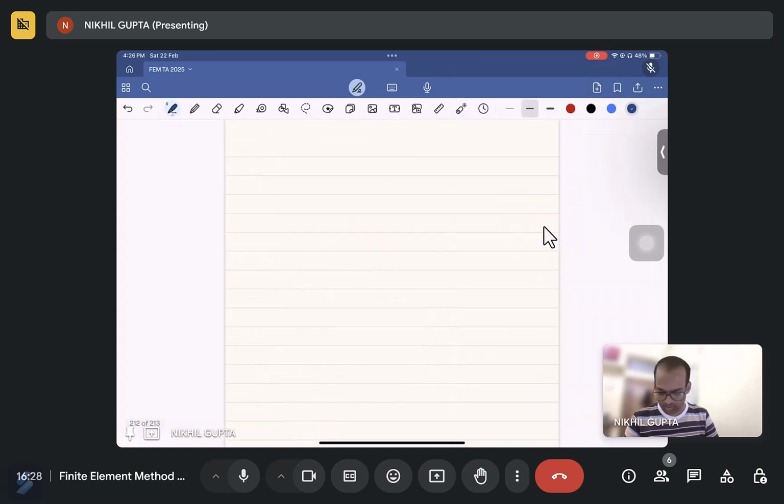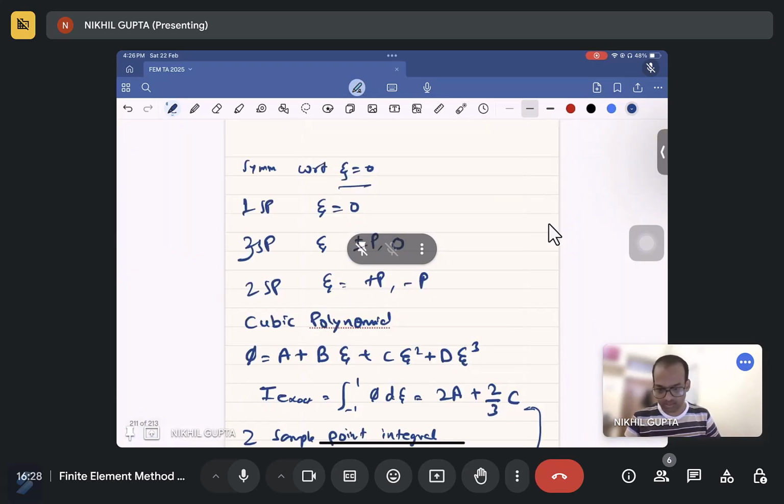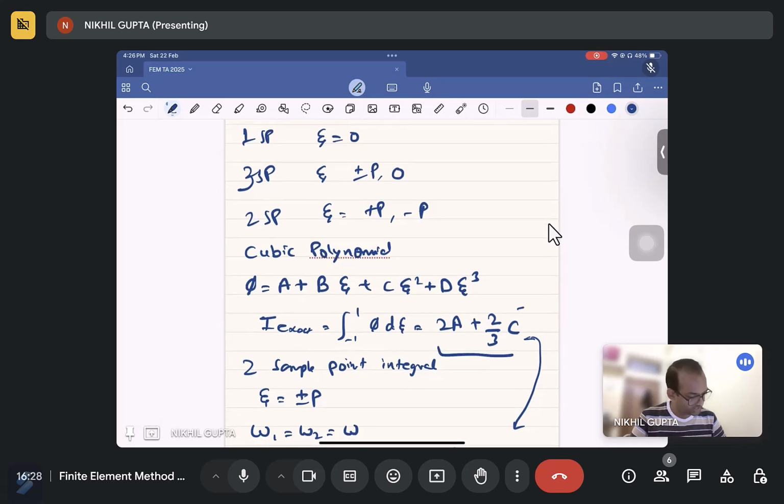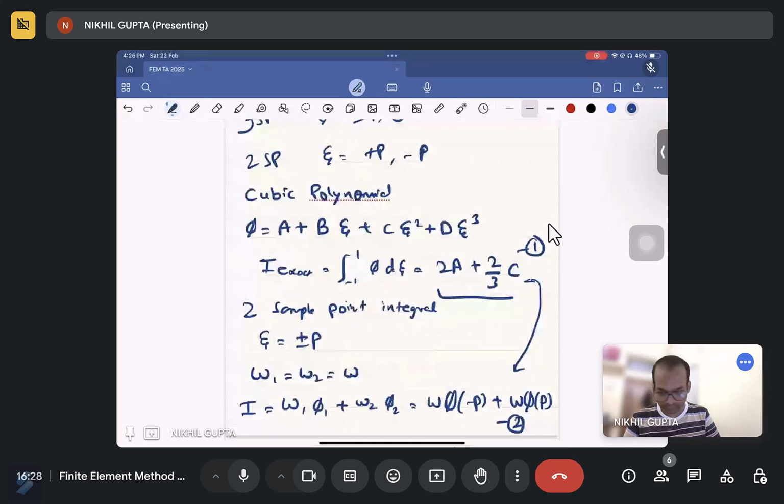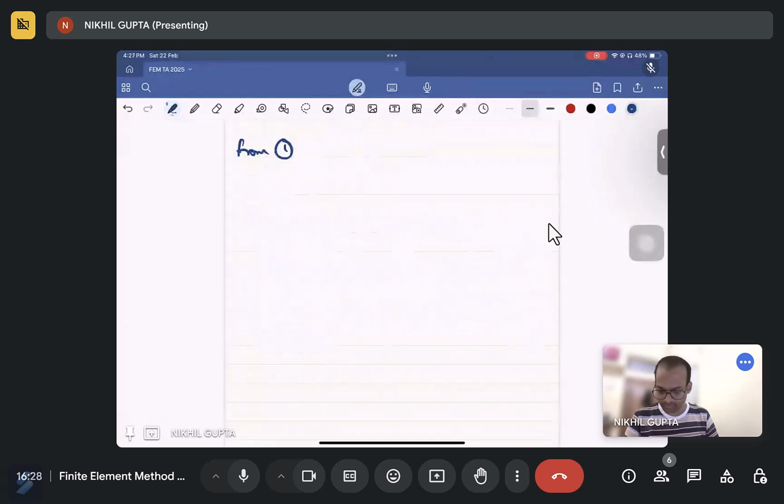From this equation, let's say this is 1 and this is 2. So from 1, you will get phi of minus p, which will be a plus c p square.